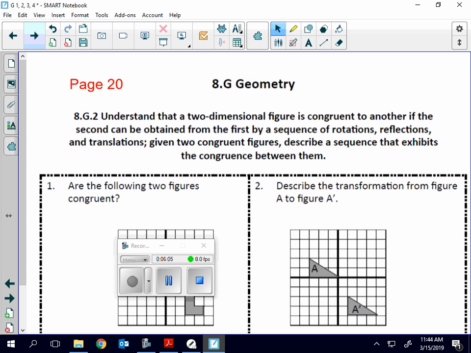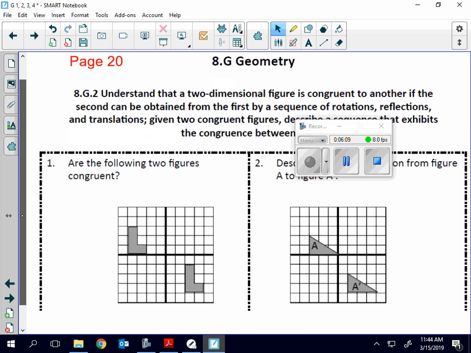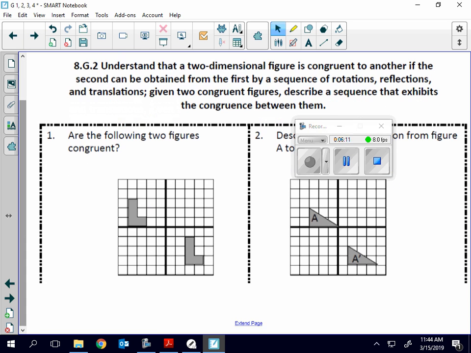Okay, page 20. More transformations. Are the following 2 figures congruent? Well, congruent means same shape and same size.